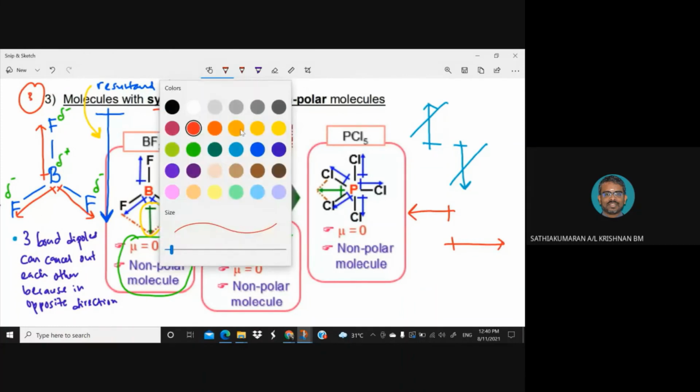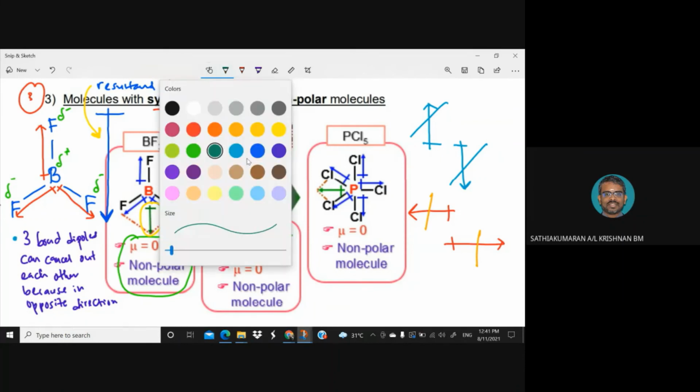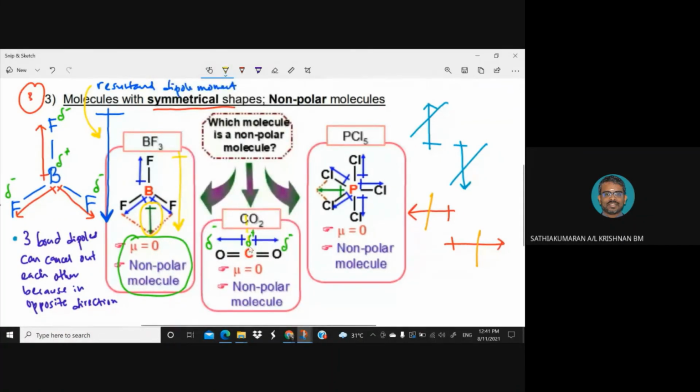So this bond dipole can cancel out each other because it is in an opposite direction. Is it symmetrical? Let us see. If you cut here, is it the same? Left O, right also O, center carbon. So it's symmetrical.